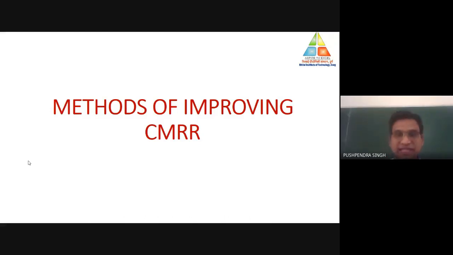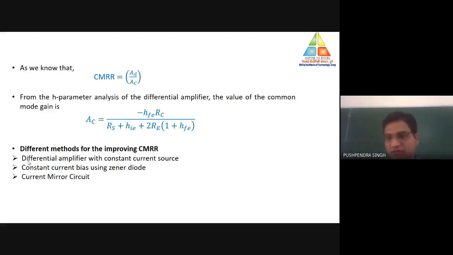For that, we have some methods. So first of all, starting with CMRR: as we discussed, CMRR is equal to AD by AC. Now what is the value of this AC? Because the complete methods for improving the CMRR are based on this AC only.